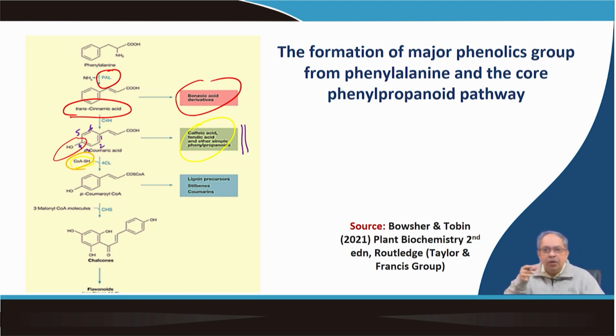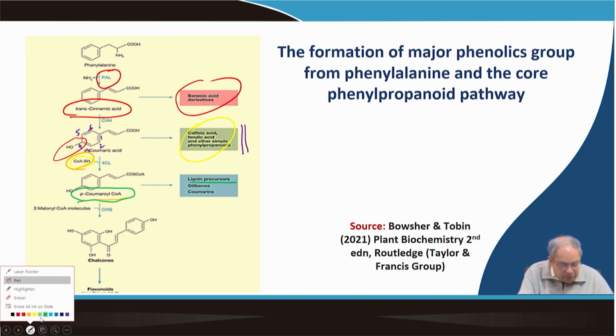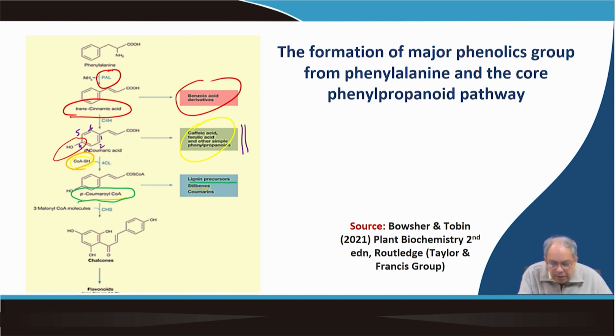Ligase means addition of CoA molecule, which requires ATP and MgCl2 to perform its function, and it forms paracoumaryl CoA. Paracoumaryl CoA is a very active molecule, because it takes part in forming different components such as lignin precursors, stilbenes, coumarins, and of course the flavonoids and anthocyanins.